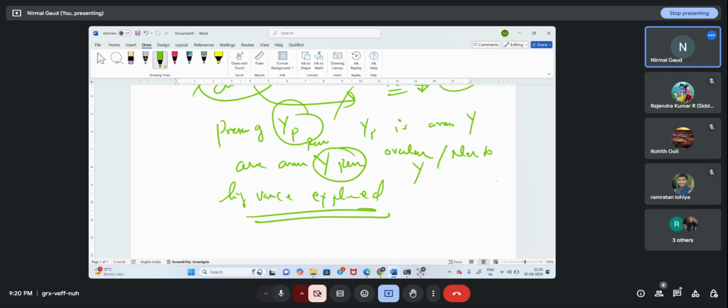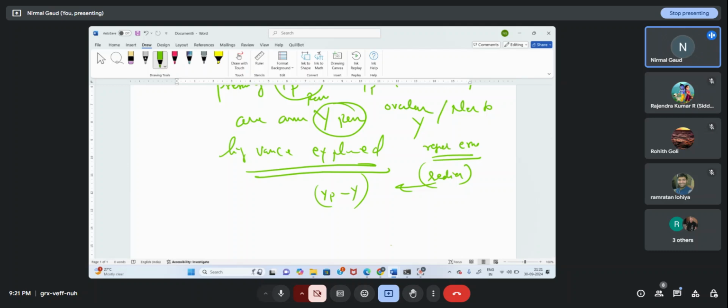So now you have to refer to this error. This error is the residual, in the context of yp minus y, and yp minus y bar is the variance. This is the variance of predicted. So whatever the distribution of predicted is, this is your error.